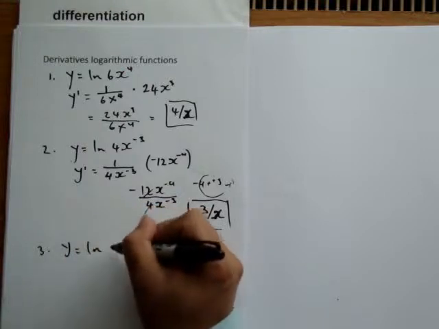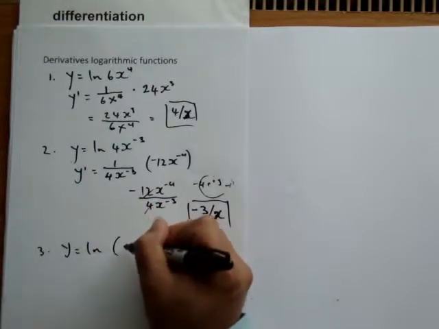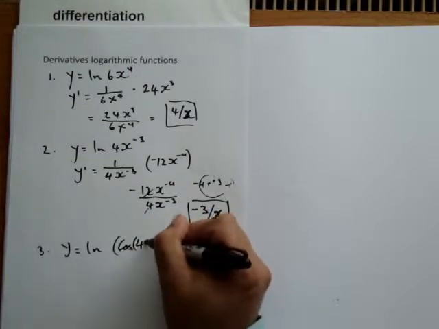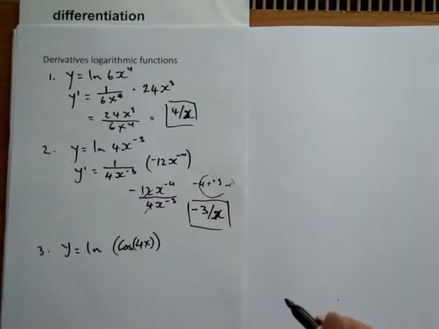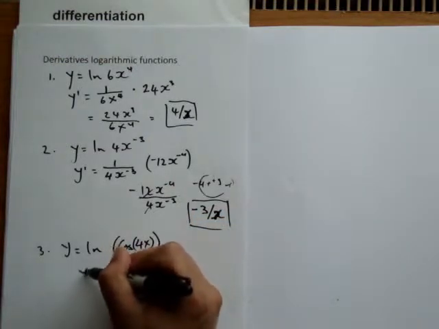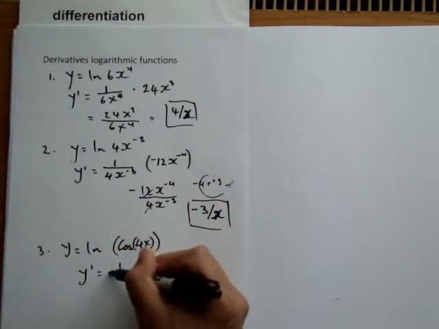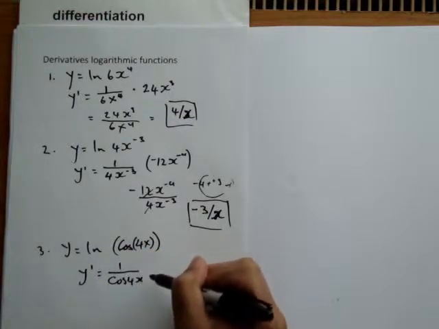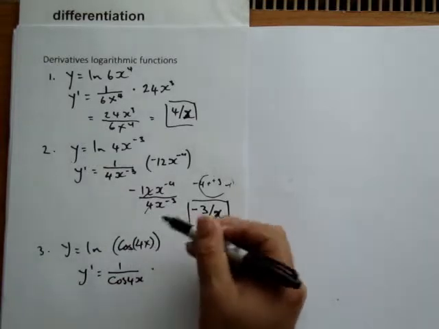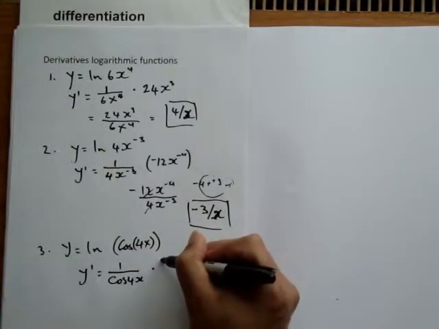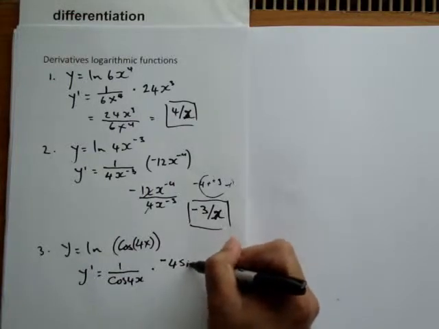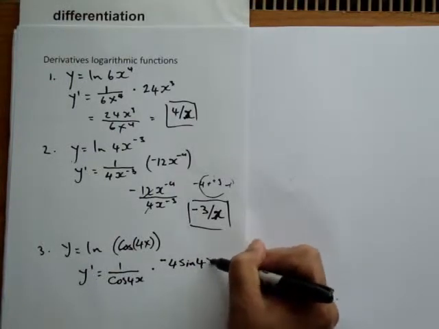3. Y equals natural log cos 4x. So differentiating, we get 1 over cos 4x, and then we differentiate what's in the brackets, we get minus 4 sine 4x.